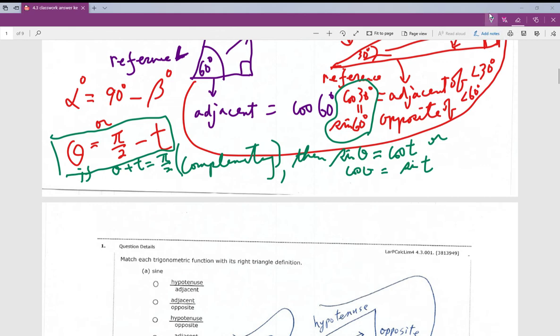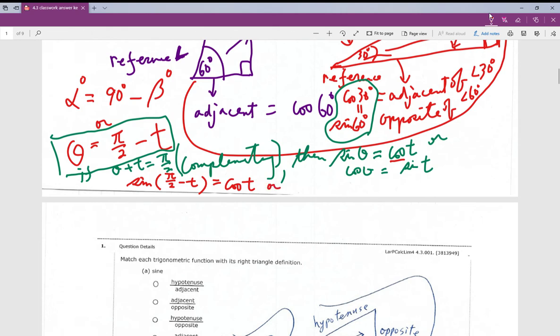Okay, let me rewrite. So in other words, I can say that sine, instead of writing theta, I will write pi over 2 minus t, equals cosine t.